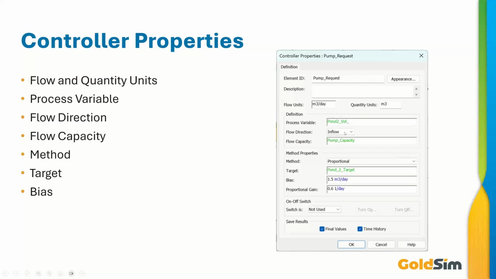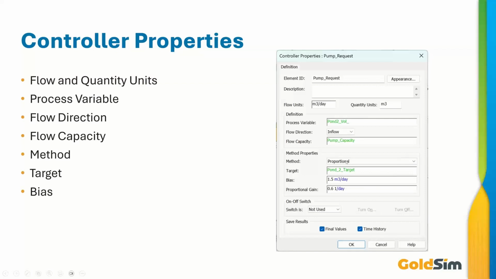Okay, so the next step is to define the flow direction. In this case, this is set up to be inflow. The default is outflow. Then you can set the flow capacity. This would be analogous to, if you were simulating a variable speed pump, it can vary its flow up to a point where it hits its capacity. That would be the capacity. And this doesn't have to be a static value. The next one is the method of control.